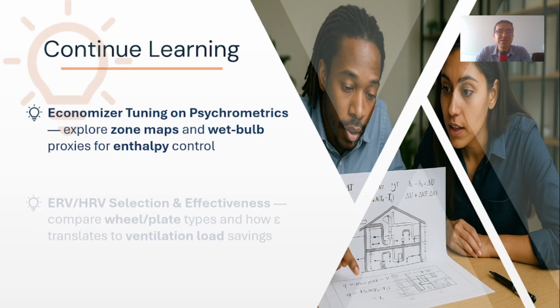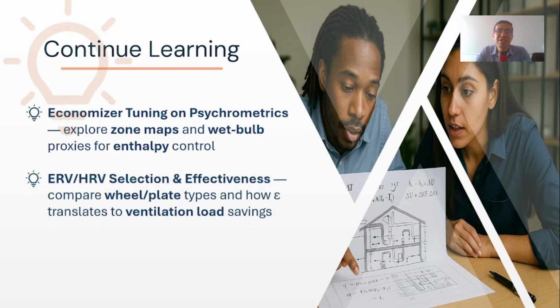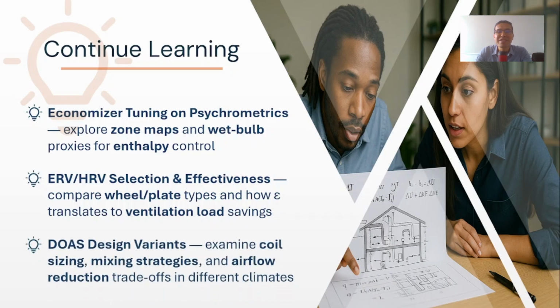You might also want to compare ERV and HRV technologies, such as rotary wheels versus plates, and examine how their effectiveness translates into specific ventilation load and design capacity savings across various climates. Finally, it's motivating to explore DOAS variants.